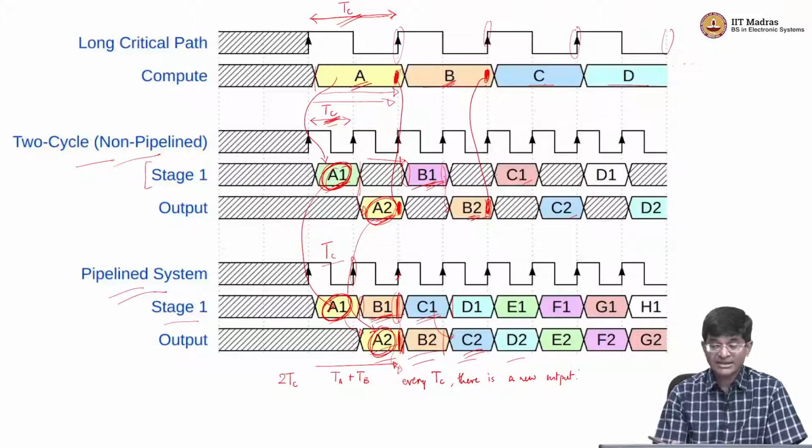And this is a crucial difference. This is the difference between a general multi-cycle implementation versus what is called a pipelined system.